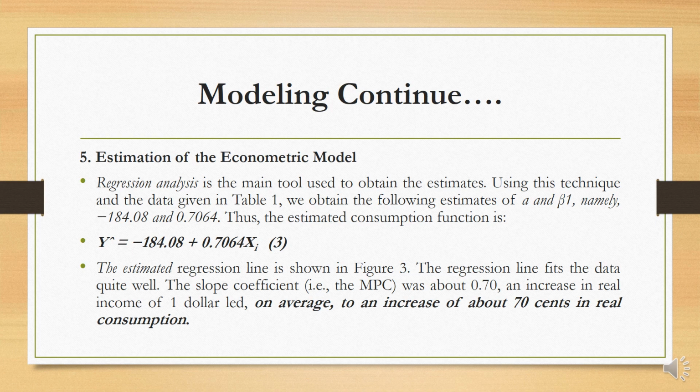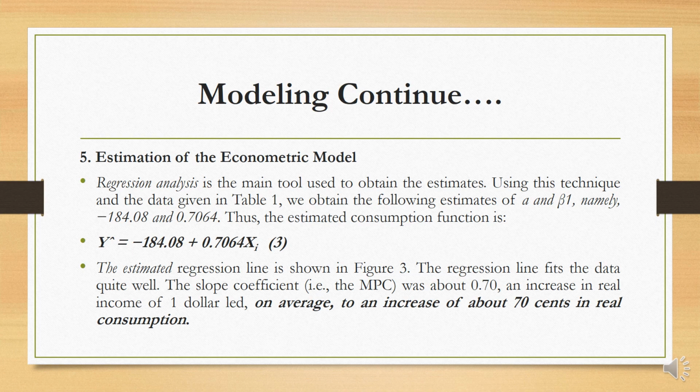This is equation 3. The estimated regression line is shown in figure 3 in the next slide. The regression line fits the data quite well. The slope coefficient beta is equal to 0.70, and it represents the MPC, the marginal propensity to consume, which was about 0.7.